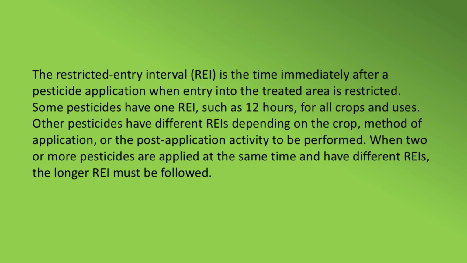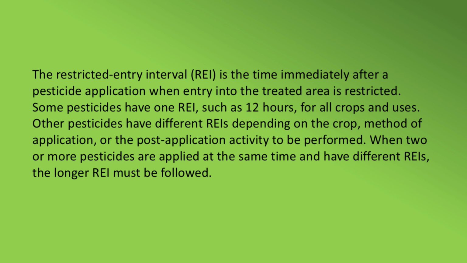The restricted entry interval, REI, is the time immediately after a pesticide application when entry into the treated area is restricted. Some pesticides have one REI, such as 12 hours, for all crops and uses. Other pesticides have different REIs depending on the crop, method of application, or the post-application activity to be performed.